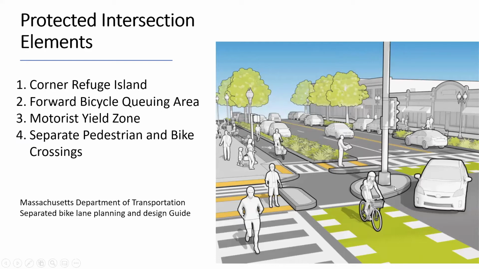Some of the elements in the protected intersection are a corner refuge island, a forward bicycle queuing area, a motorist yield zone, and separate pedestrian and bicycle crossings.